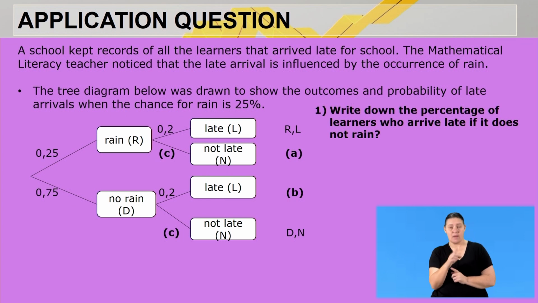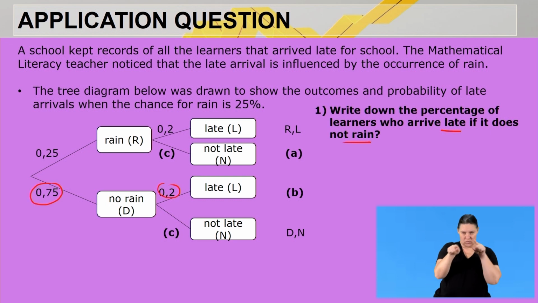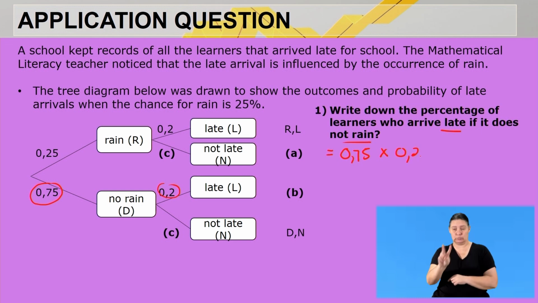Question 1, write down the percentage of learners who arrive late if it does not rain. Okay, so we look at late, right, with no rain. So this is the values we'll be looking at. Okay, so therefore I'm going to indicate equals 0.75 multiplied by 0.2, and that should give us a probability. And remember, we need to answer this as a percentage, right?